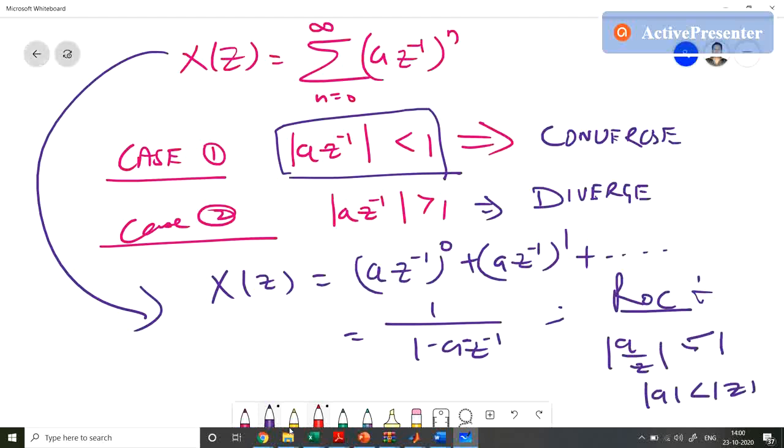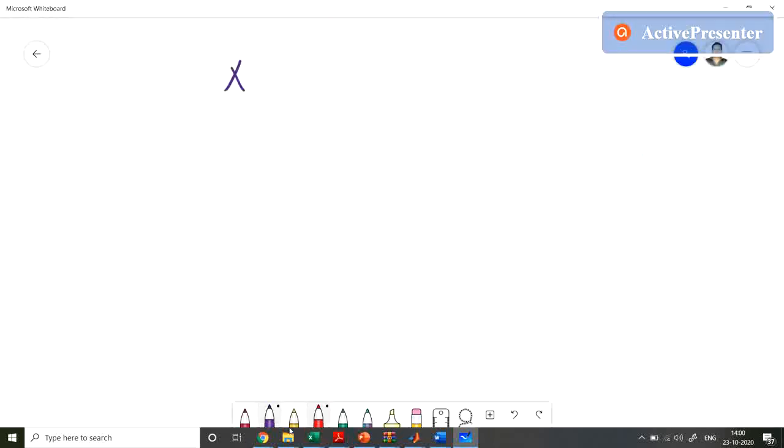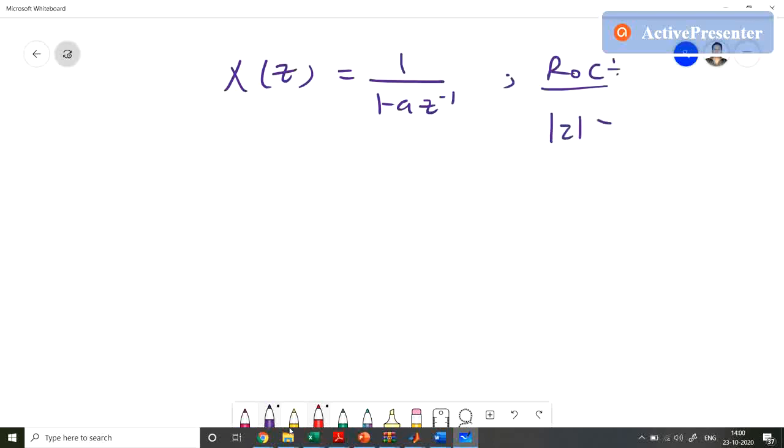So let us discuss this again. What we got here is that X(z) is 1 divided by 1 minus a z inverse, and the ROC is mod z greater than mod a.